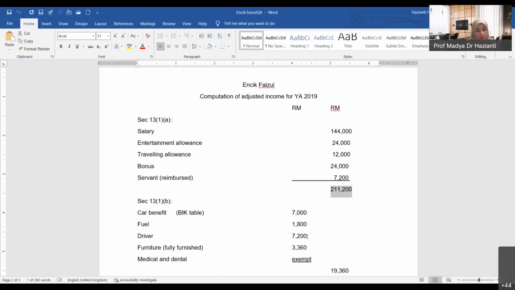A driver employed by the company was assigned to drive the car. Since the employer pays for the driver, we just take the driver at 7,200 per year. Earlier they gave 600 a month, now he gets a driver for the whole year, so 7,200. Furniture, his house is fully furnished.